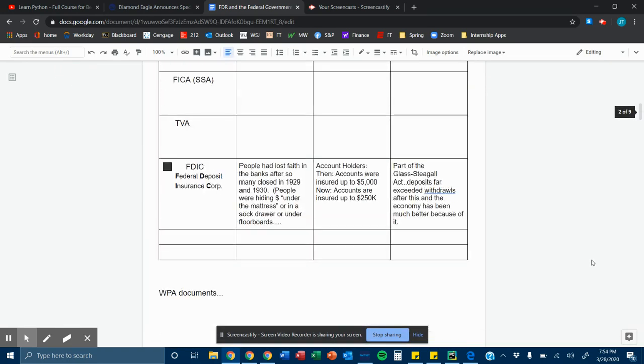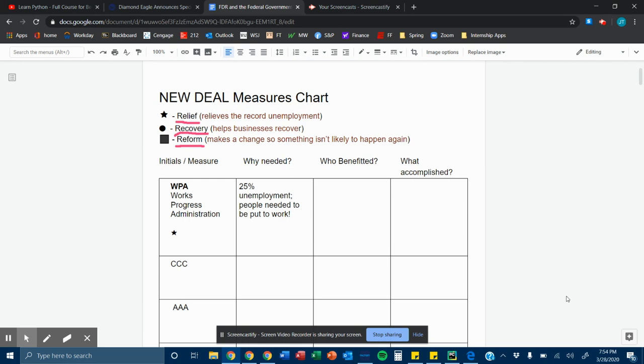All right, so let's come back up to the top here. Let's fill it out. Now we've seen a lot. All right, let's get this going. Who benefits? All right, well, let's talk about that. So it's pretty obvious. Why is it needed? 25% unemployment. Who's going to benefit? Unemployed.